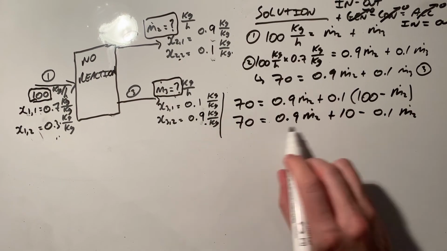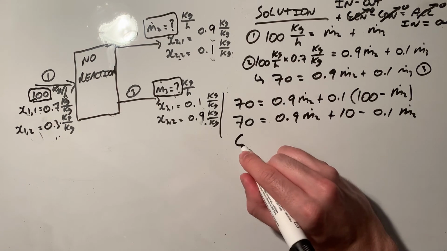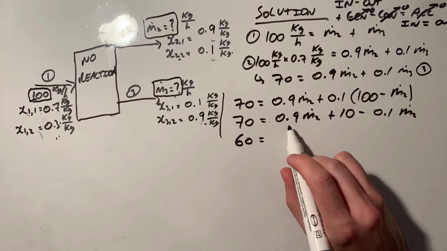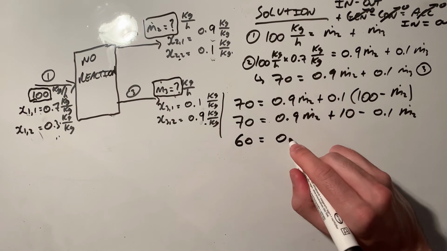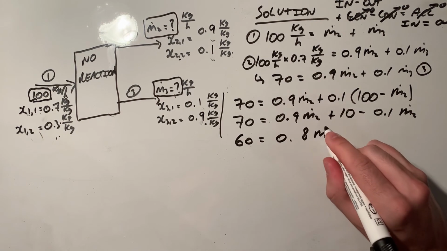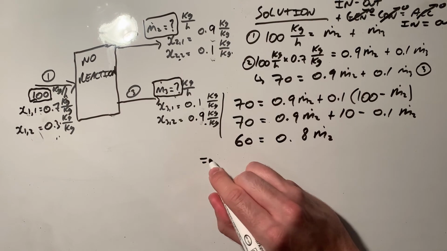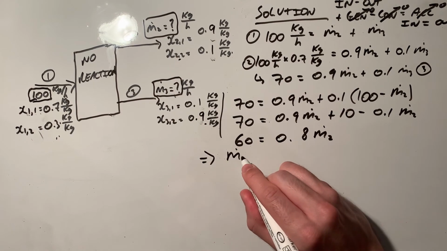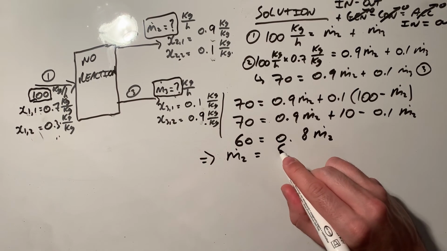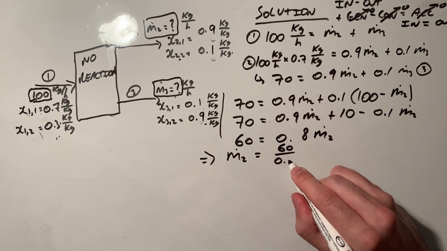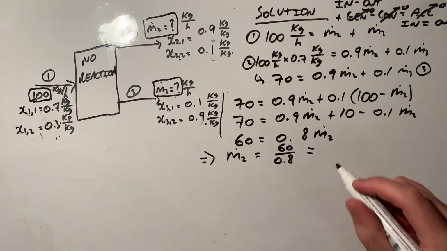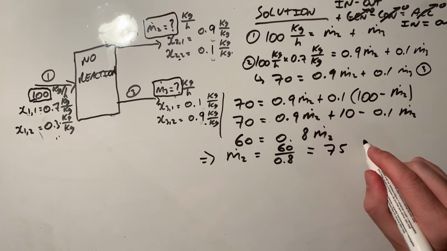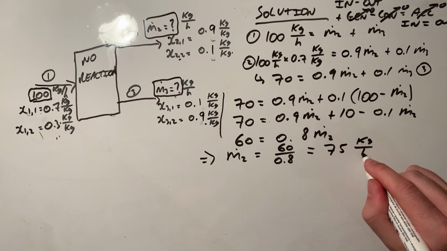Again, further simplifying, we'll subtract 10 from both sides. 60 equals 0.9 minus 0.1, so that's 0.8 M2, which means that M2 is equal to 60 over 0.8, and 60 divided by 0.8 is 75 kilograms per hour.